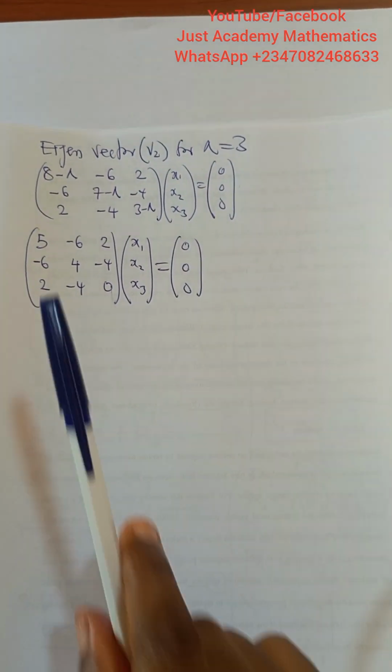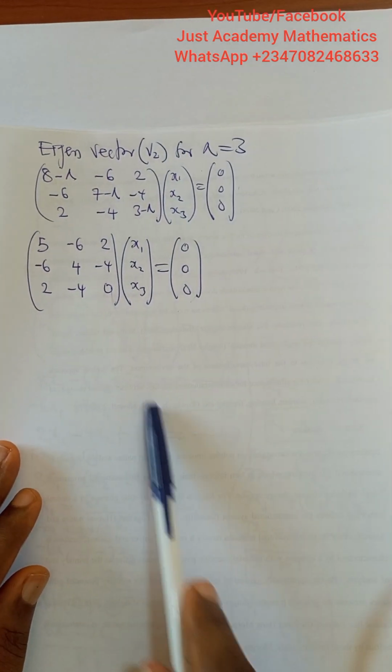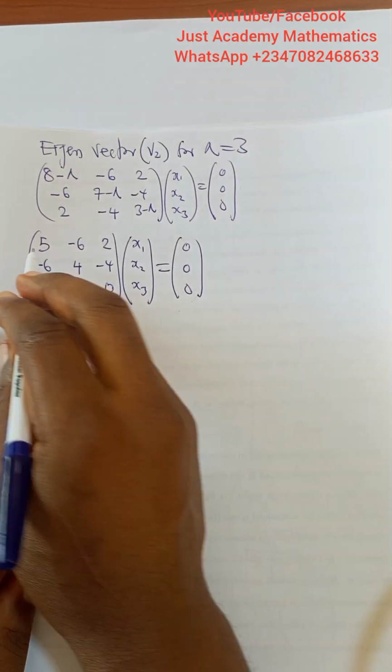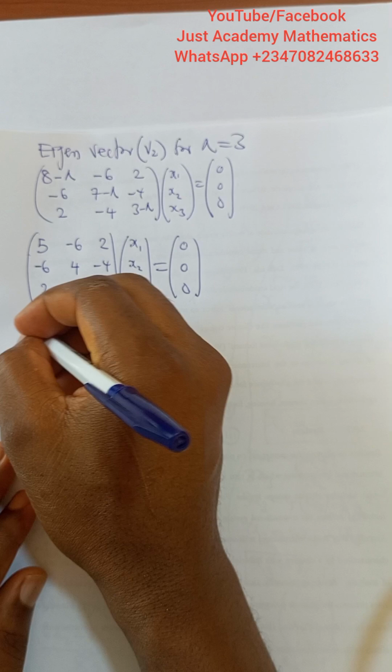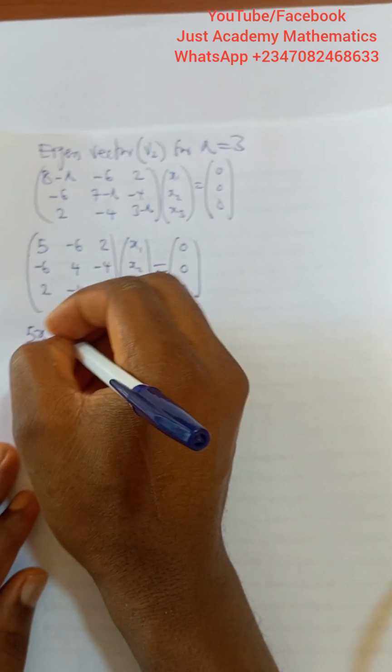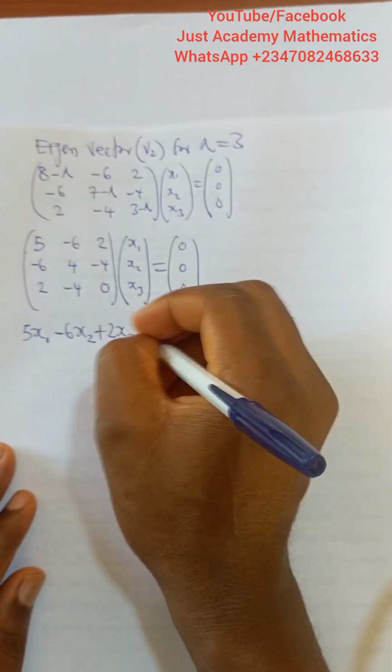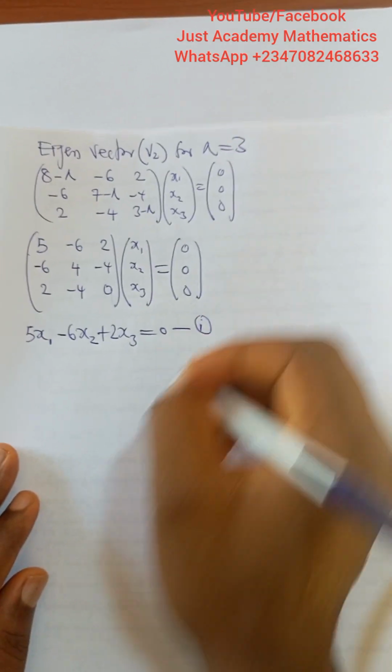Now the same thing, we derive 3 equations again, starting with this. Row times column, we have 5x1 minus 6x2 plus 2x3 equals 0. Equation 1.